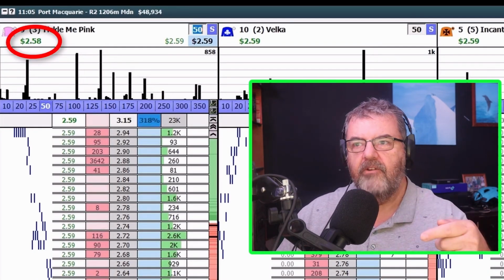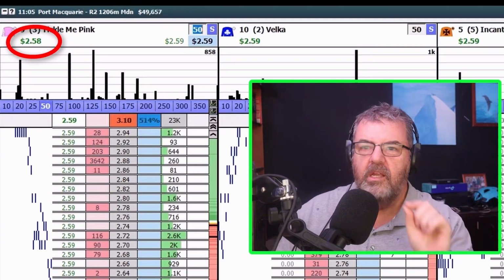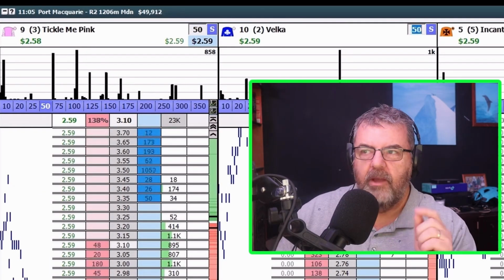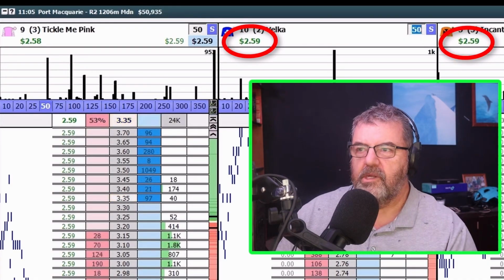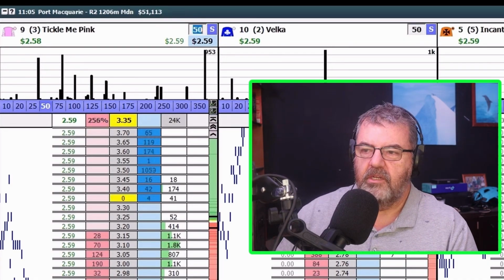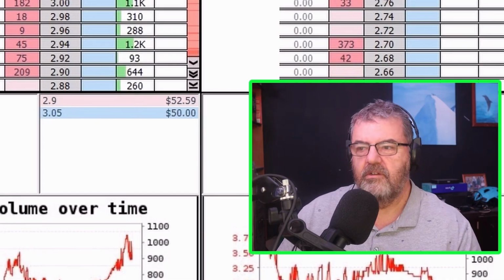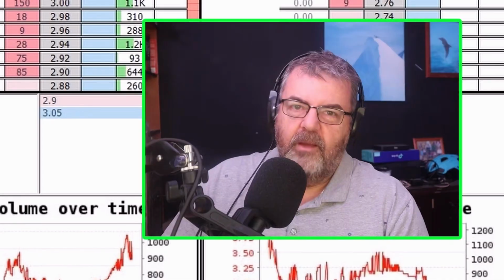Any other horse, I don't have that 1 cent difference, so I get $2.59, which is the difference between the $50 I paid versus the $52.59 that I received. I hope that makes sense.